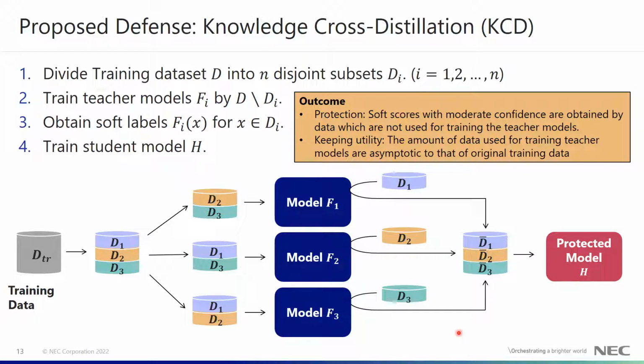since soft scores with moderate confidence are obtained for data D_i, which are not used for training the teacher models. Also utility is kept since the amount of data used for training teacher models is asymptotic to that of the original training data as the number of dataset partitions N increases.